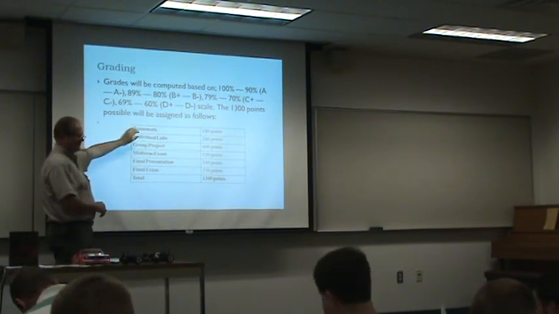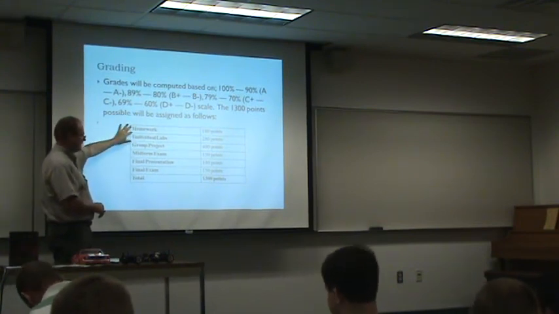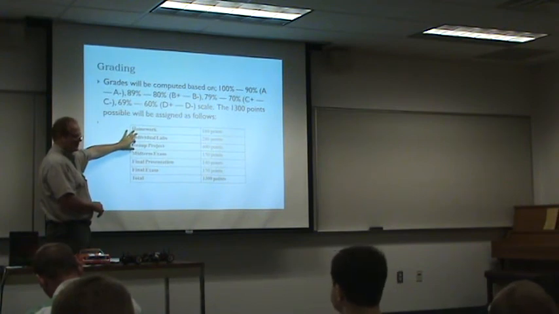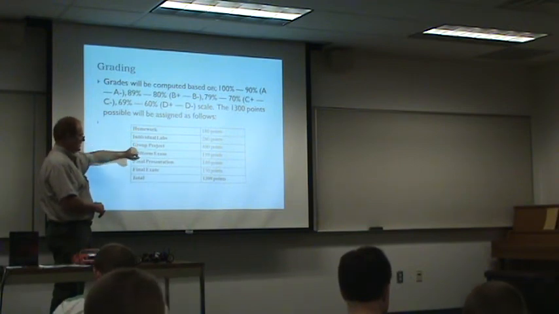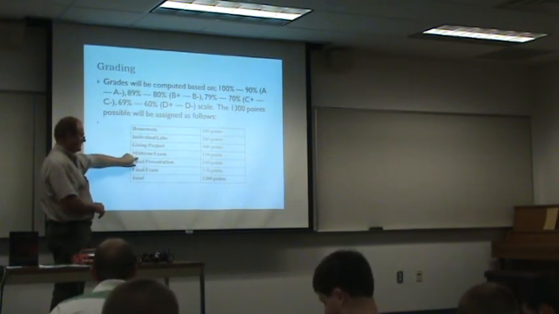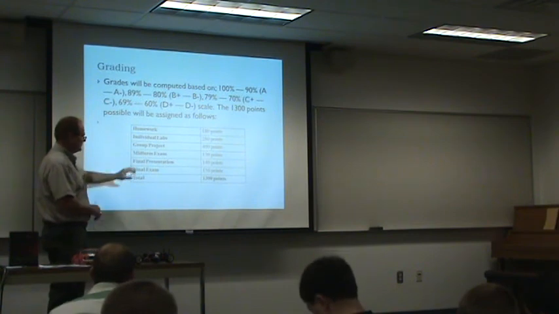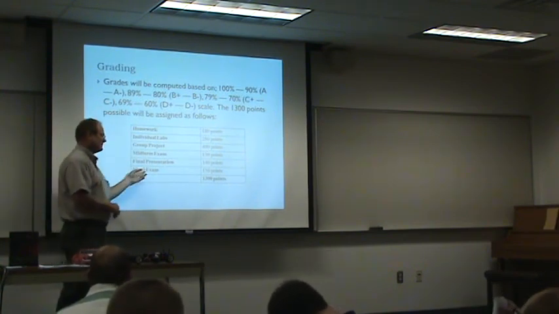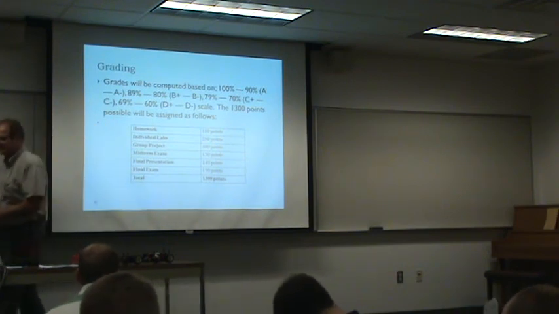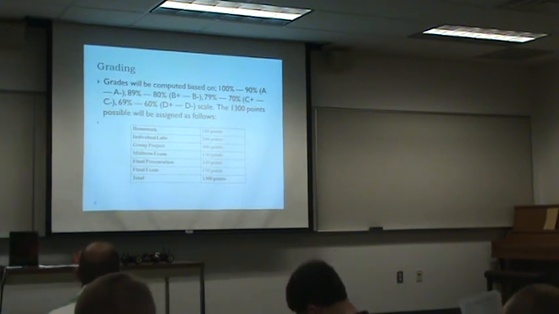The labs are things that happen on Wednesdays and Fridays. The group project, which we'll talk about in just a minute, is worth a full load of points. Midterm, 150. The final presentation, which is on your group project, is another 140 points. The final exam, 150 points. That should add up to 300.